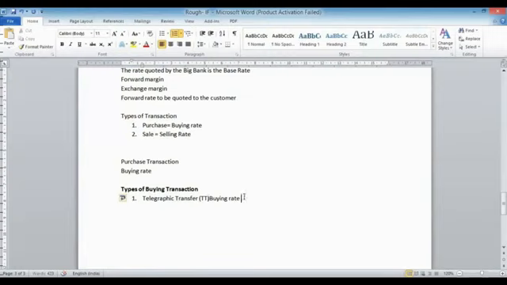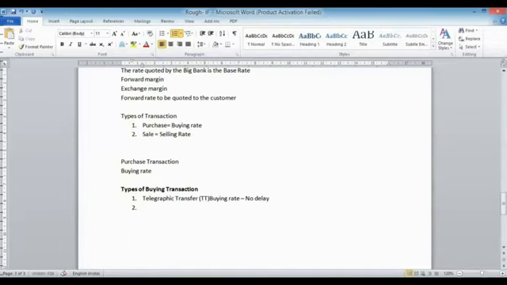So if the transaction of buying is under the telegraphic transfer, there is no delay. All those modes which involve no delay in payment will be quoting the TT buying rate.